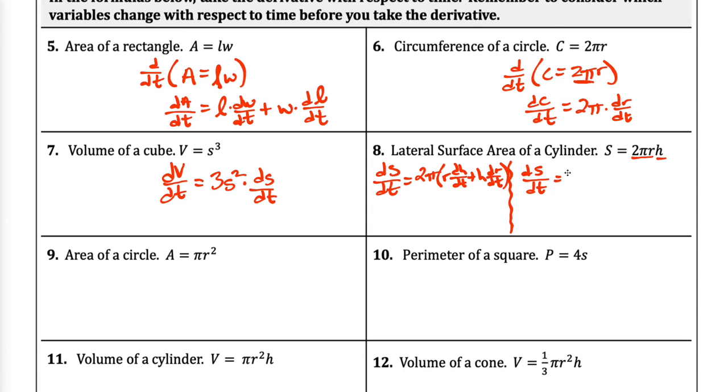So 2 pi r would be the first, dh dt the second, h, and then the derivative of 2 pi r would be 2 pi dr dt. And it really doesn't matter how you want to handle it. I prefer the one on the left only because there's less stuff to write.